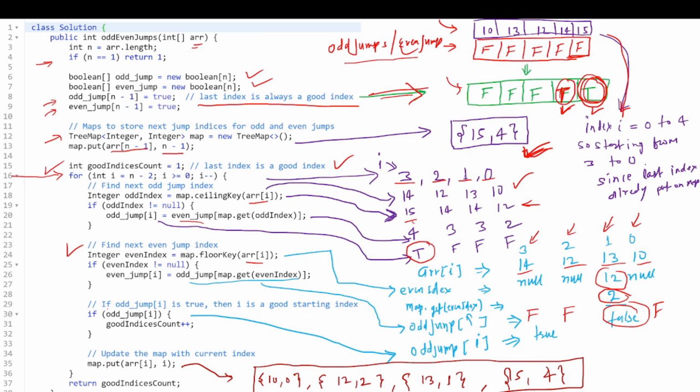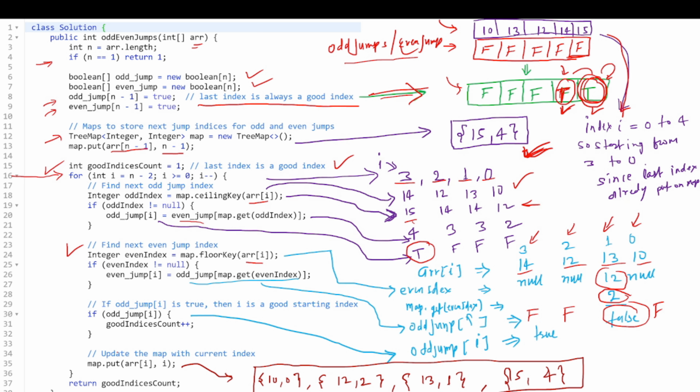Now coming back to the odd jumps: if odd jumps at I is true, then I is a good index. You can see at this index we will get 1, because from here to here we can make one jump, and this will make itself a 1.